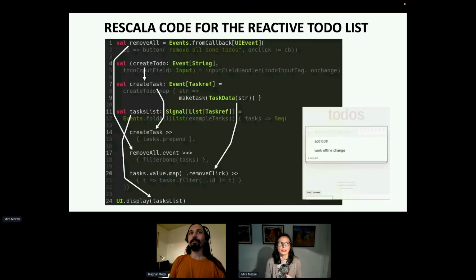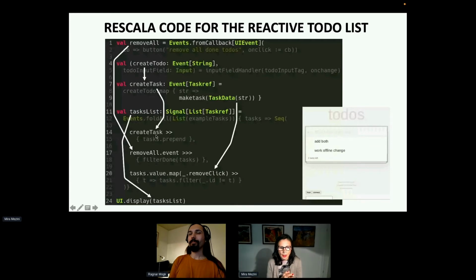We define a bunch of values like remove all, create task, or tasks list, and then we pass task list to a display operation of the UI. What is interesting here is that these values can be defined by composing other values: task list is defined by composing create task and remove all, and these white arrows depict these used-in relationships between values.